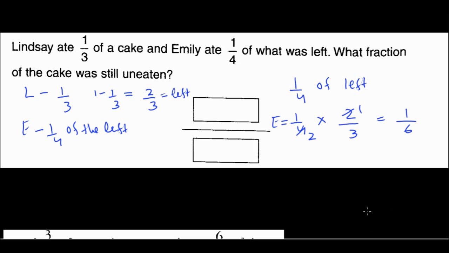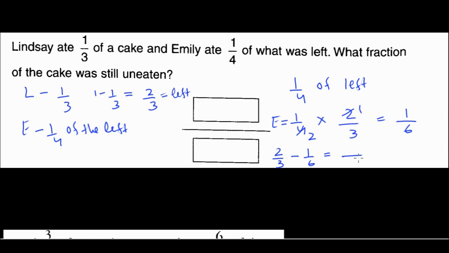Right. So now I want to find what's left, right? So I knew after Lindsay ate, 2/3 was left, right? And Emily ate 1/6 of that. So let's find how much is left of this. I'm just going to subtract these two.